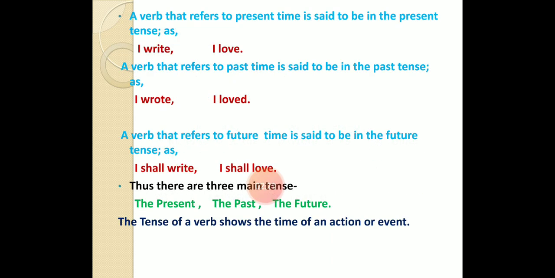You know, my dear students, a verb that refers to present time is said to be in the present tense, as I write, I love. The word tense comes from the Latin tempus, which means time.